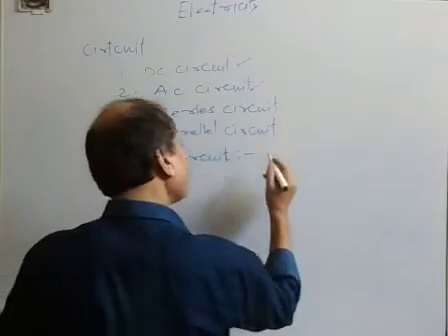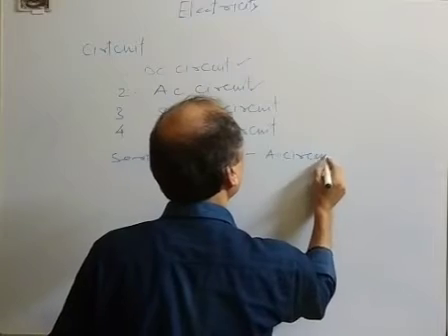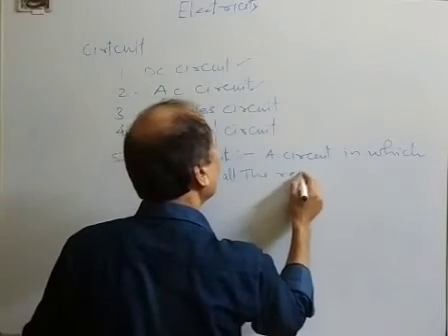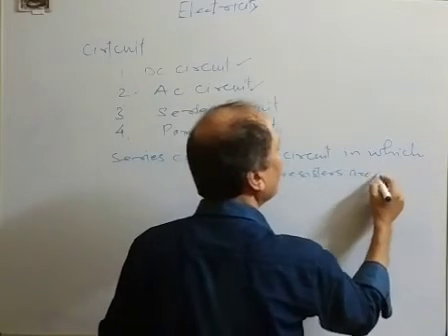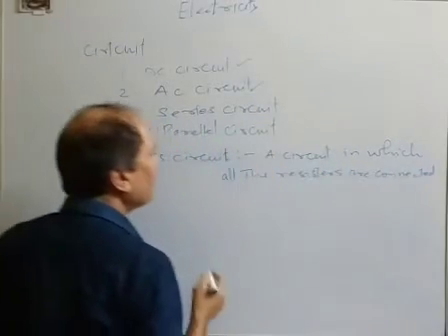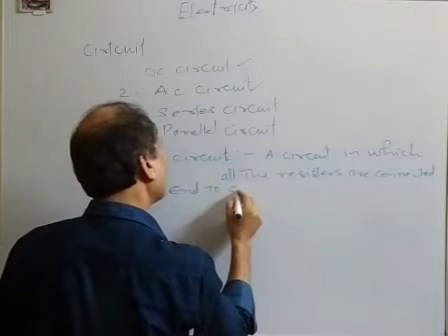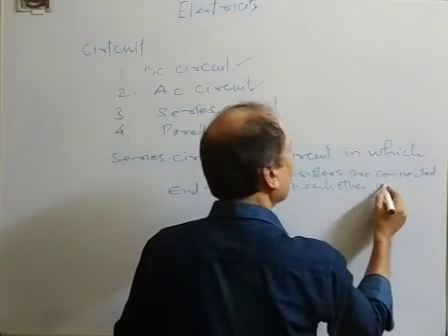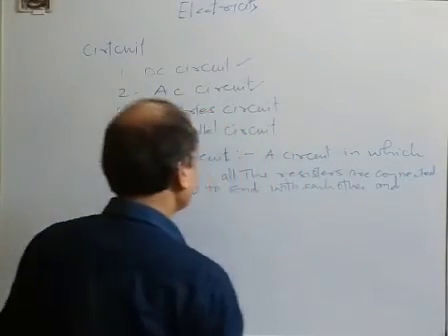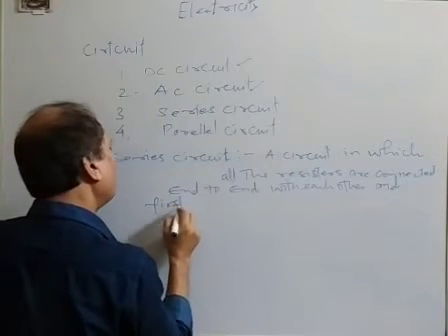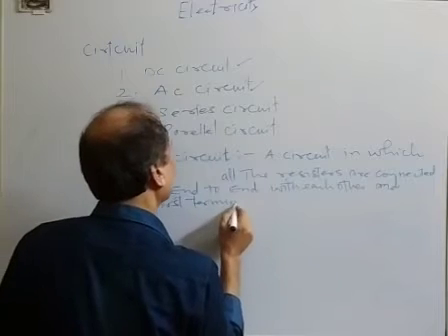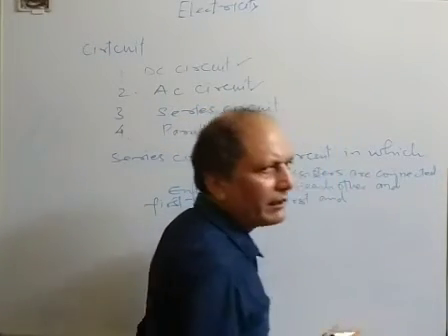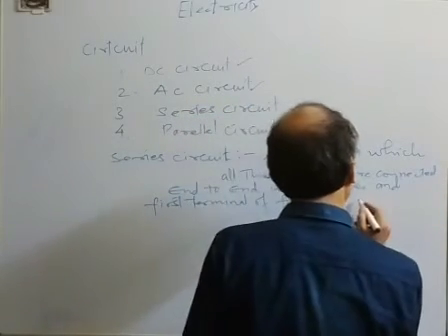So now be ready. A circuit in which all the resistors are connected end to end with each other, and the first terminal of the first resistor and the second terminal of the last resistor are connected with the electric source.